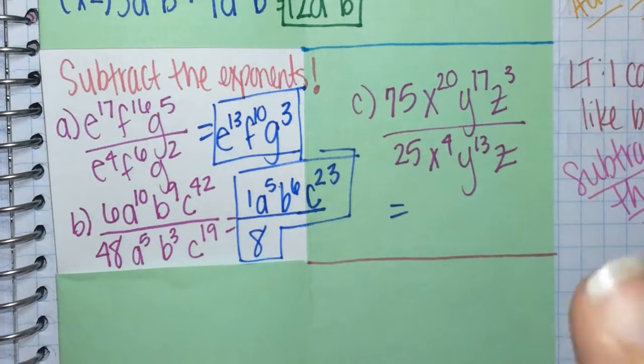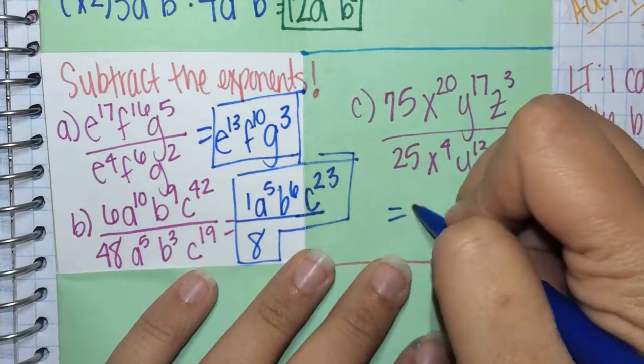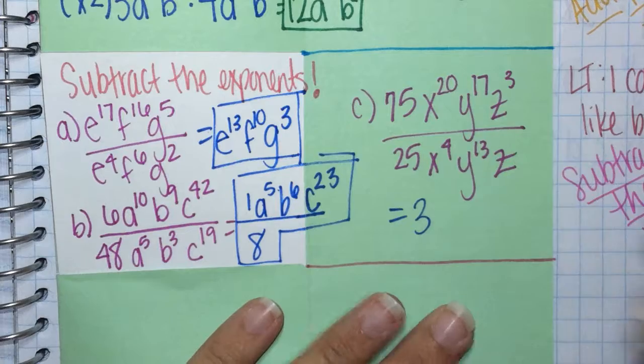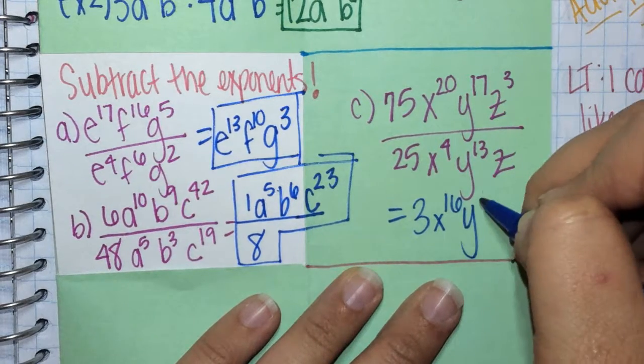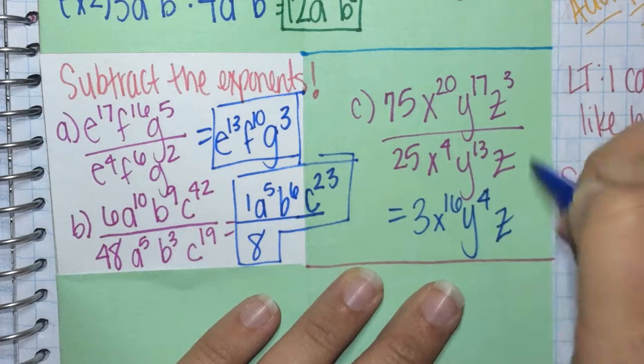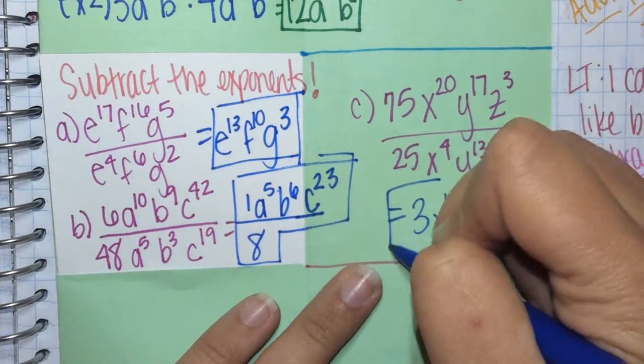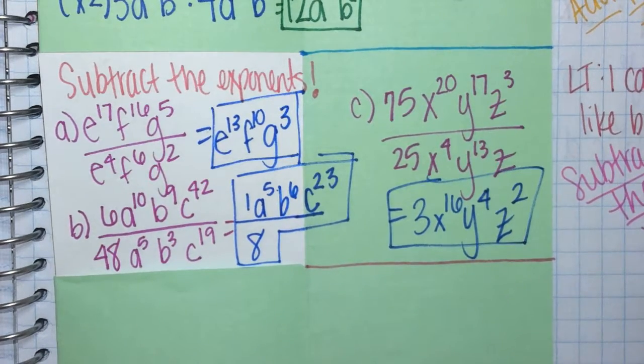Alright, what's 75 divided by 25? 3. What's 20 minus 4? What's 17 minus 13? And what's 3 minus 1? Two. Take a point if you got it right. What happened to that one? That goes in one time. 75 divided by 25 is 3.